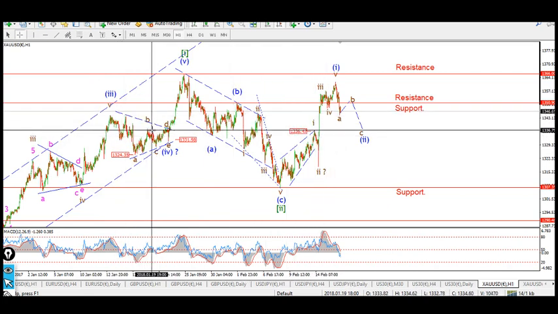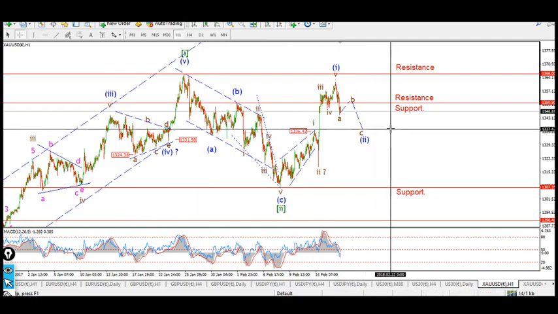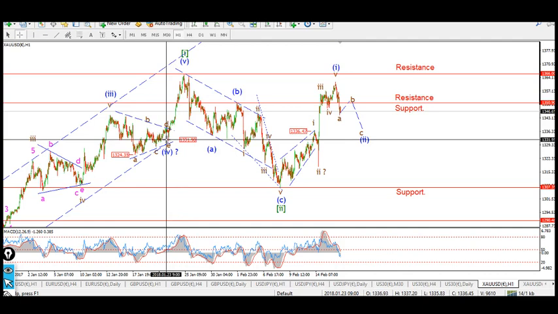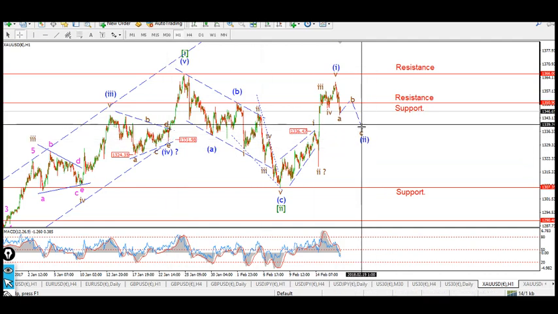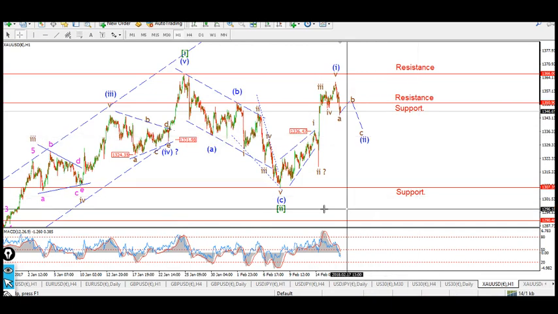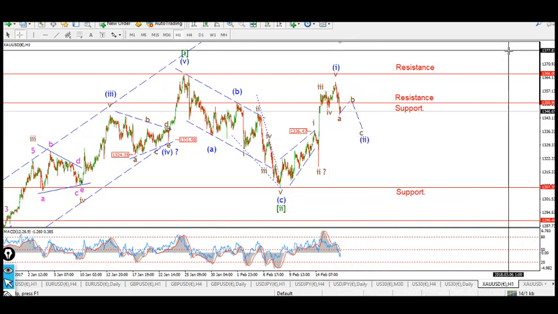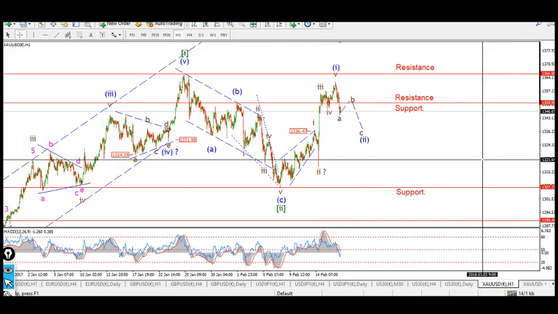So that's a nice level for price to reach for support. We had an internal wave 4 there, 1331. So we have a band of possibilities there. Obviously support at the moment at 1307, that's key support for the short-term bullish pattern. Don't want to see a break of that next week.